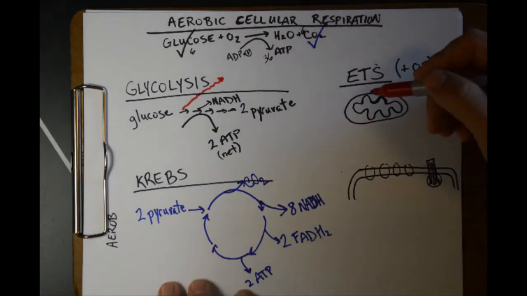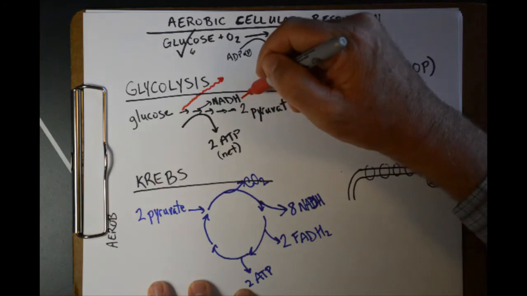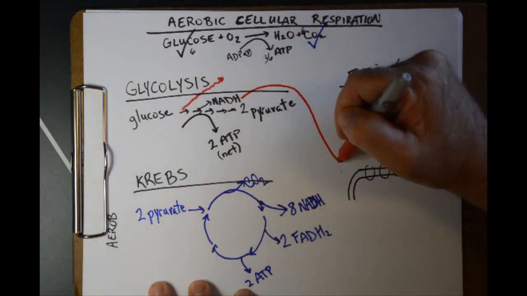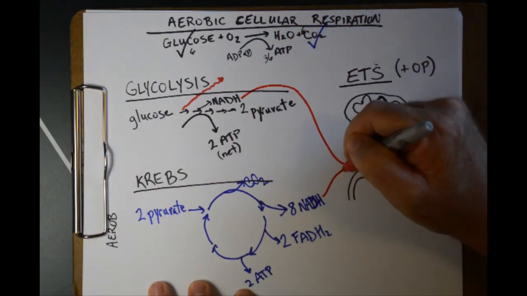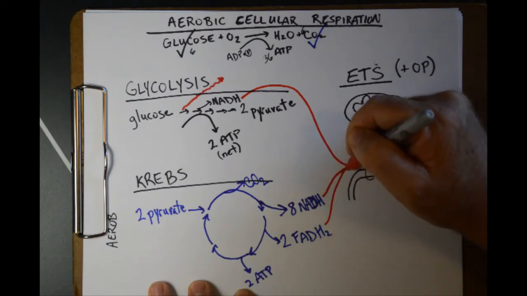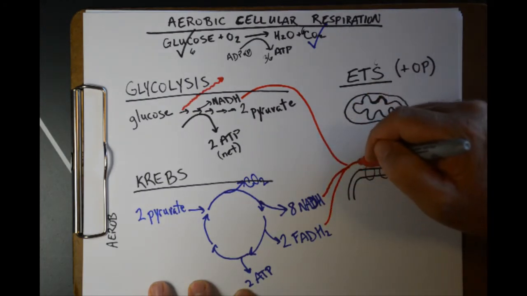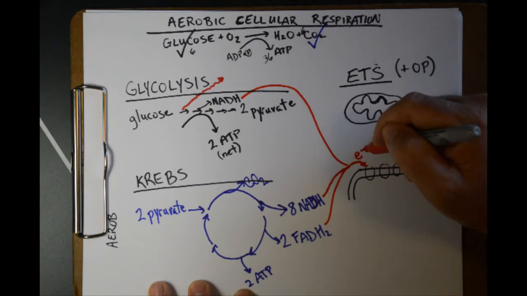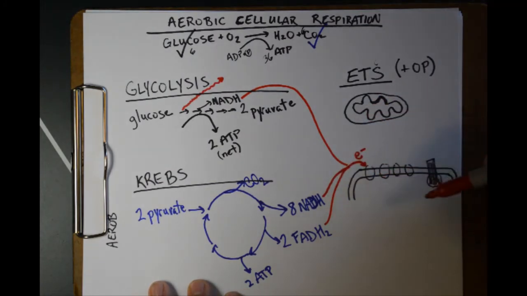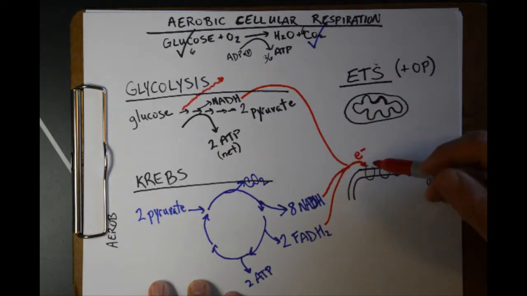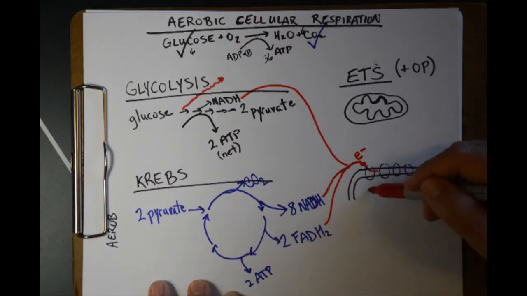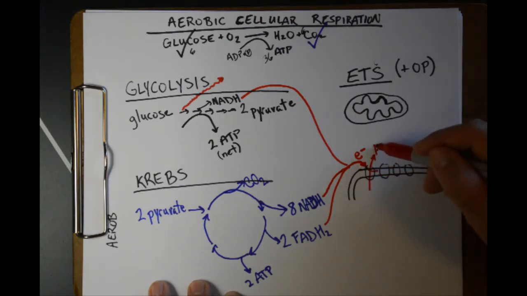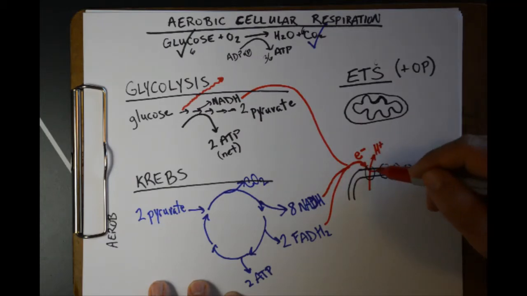So I'm going to switch to red here and note that we're going to get this NADH, the NADH here, the FADH2, and they're all going to drop off those electrons into this electron transport system of proteins. And as those electrons move through, they are going to power the pumping of hydrogen ions across.